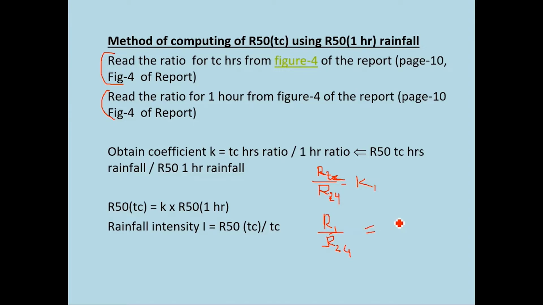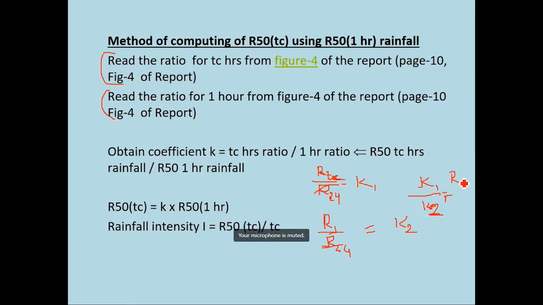This ratio I have taken as K2. So if I divide K1 by K2, then this 24 hours will automatically cut down, and the ratio K1 by K2 is known.